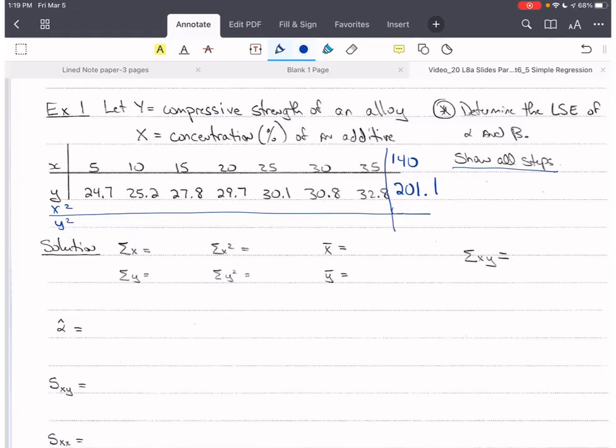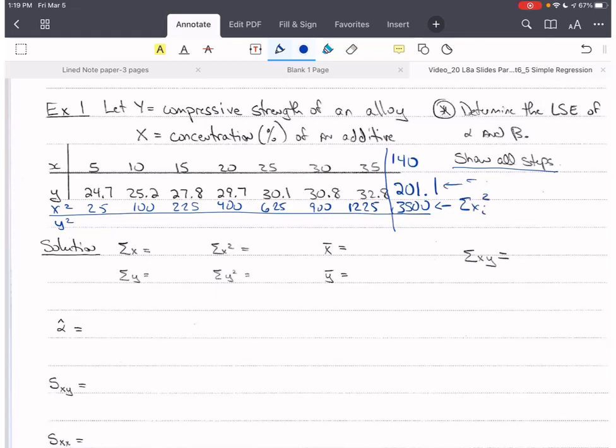If you sum up the x squares, you get 3,500: 25, 100, 225, 400, 625, 900, and I forget what 35 squared is, but I can figure that out pretty quick. So 1225. Then you add those up, and this is the sum of xi squared.